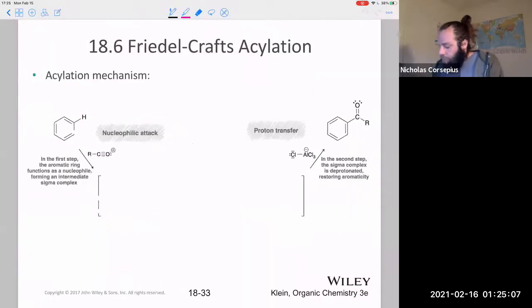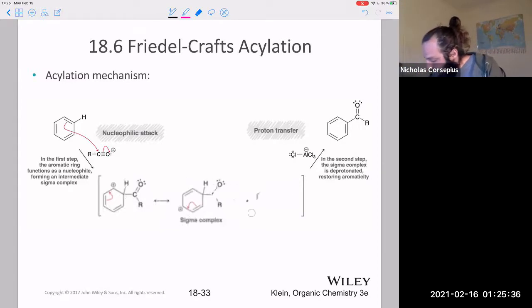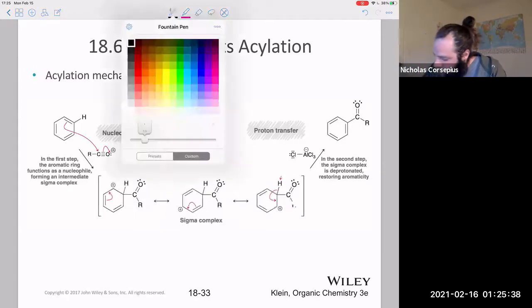All right, so then just completing the reaction mechanism for these. Again, my nucleophile is that pi bond in the ring. It's going to attack that acylium ion. Notice that they use this particular resonance contributor for the acylium ion. I don't care which one you use. It's actually a little bit less work to use the one where the carbon bears the positive charge, whatever you want to do. And again, what that does is form our sigma complex.